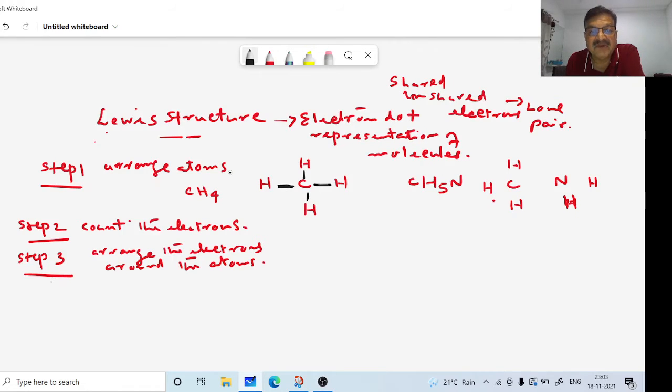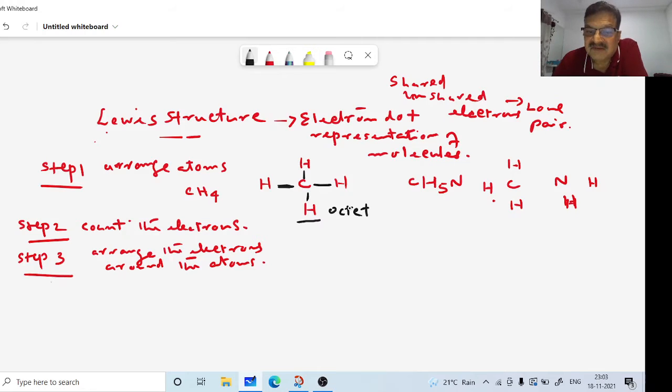Carbon has got 4 bonds, carbon to hydrogen. Each bond is a 2 electron bond, therefore 8 electrons around carbon. So the octet is full, and it is a valid Lewis structure here. A filled octet is there. This is the principle in drawing the Lewis structure.